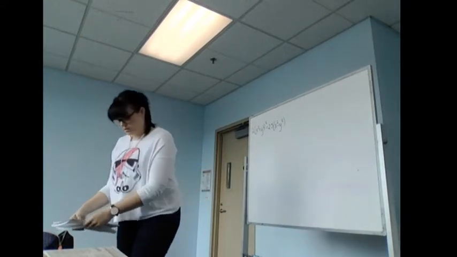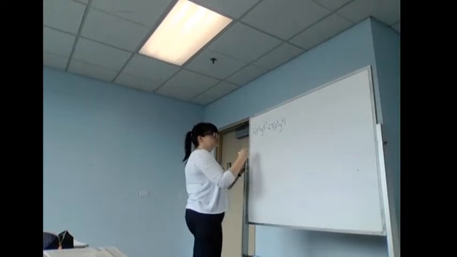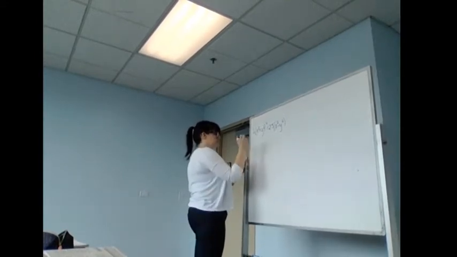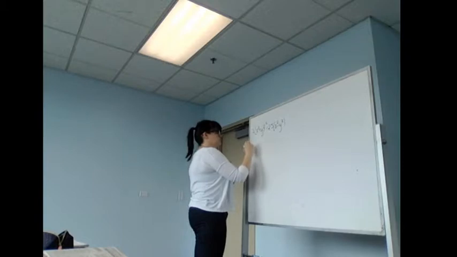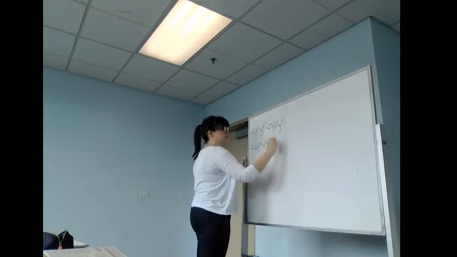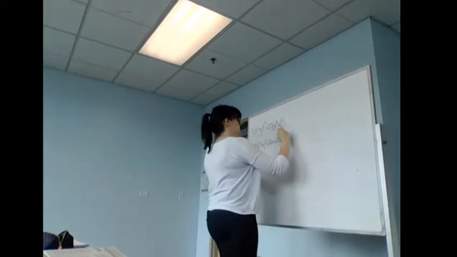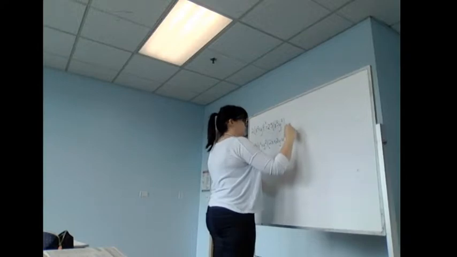Did I write this whole thing out right? Yeah. Okay. So the derivative of this is going to be 2 times 2x squared plus y squared to the first times, using the chain rule, 2x plus 2y times y prime equals 25.